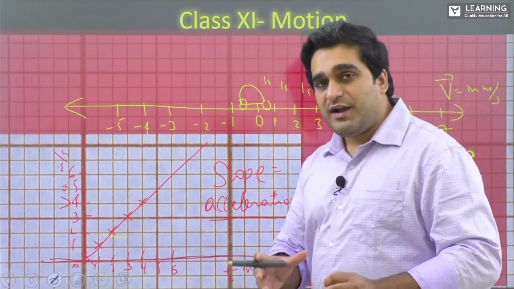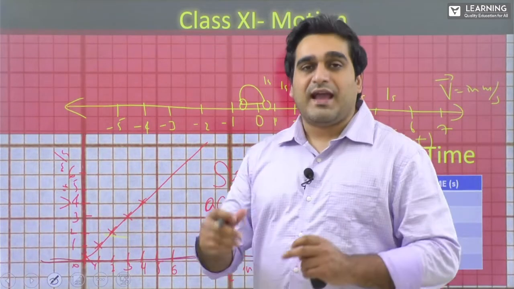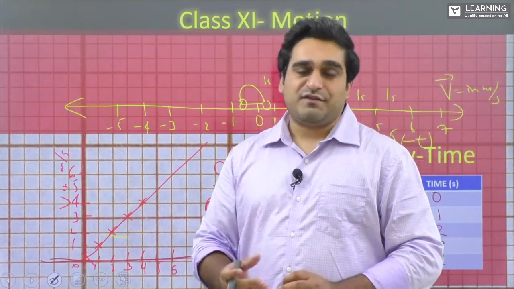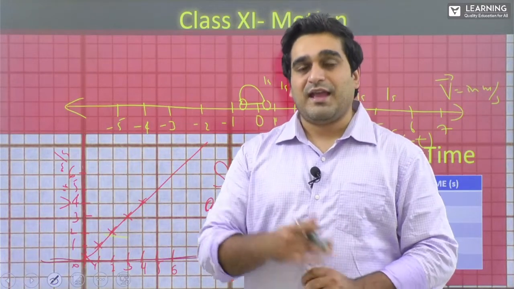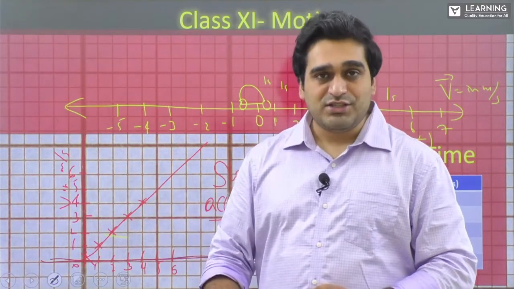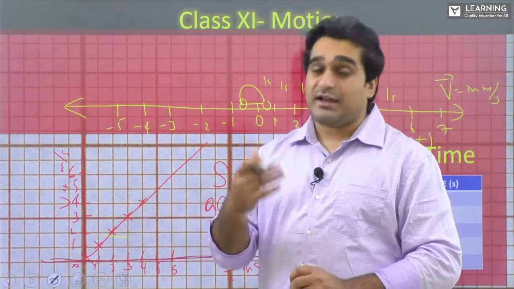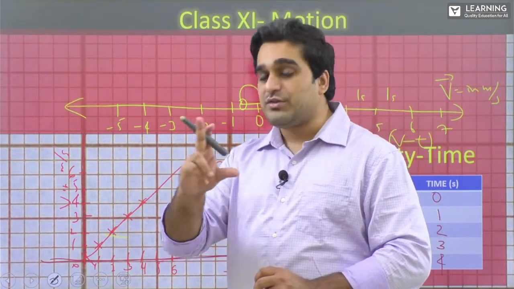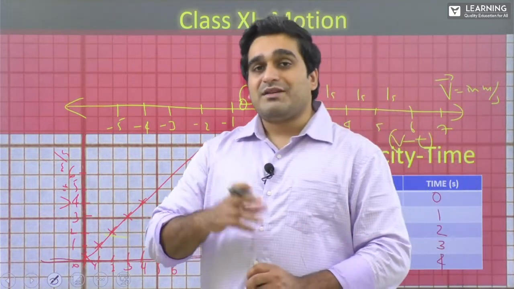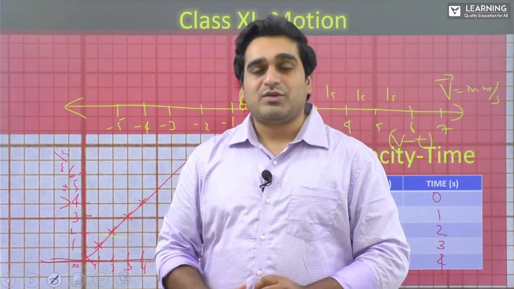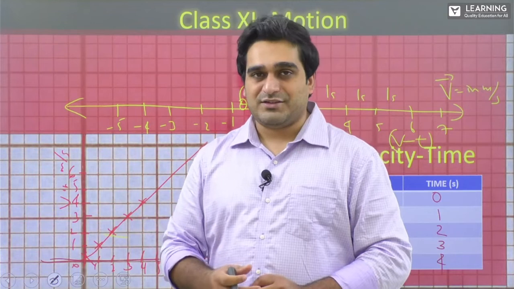So how do we define acceleration? Acceleration is defined as the rate of change of velocity. As the velocity changes with respect to time, it gives rise to a new physical quantity called acceleration.